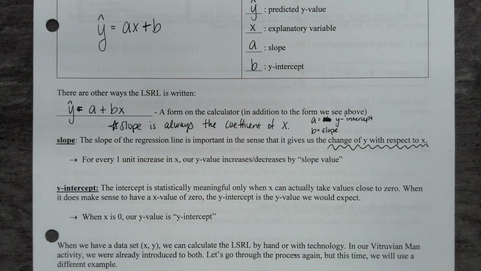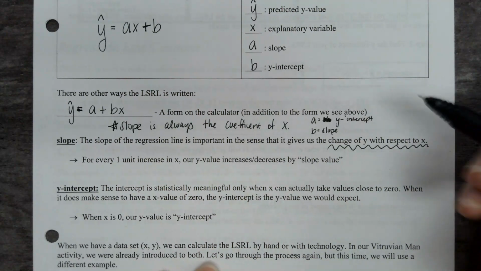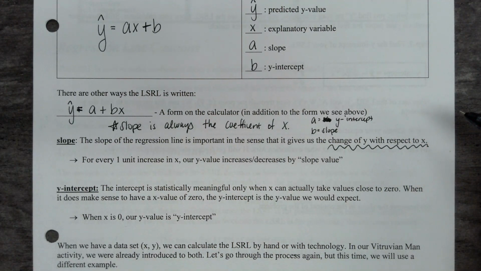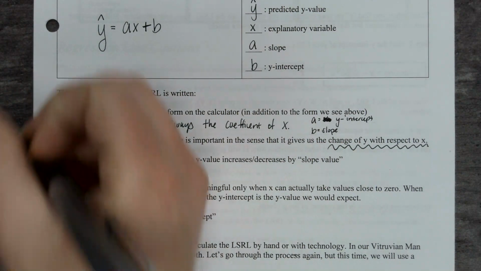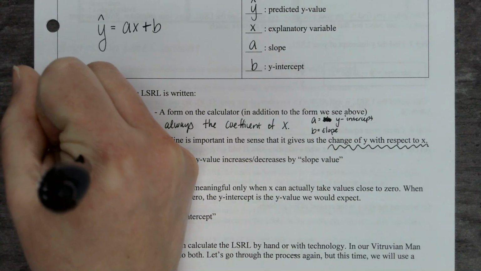And really how we interpret this, so our interpretation of this is for every 1 unit increase in x, our y value, and if it's positive slope, it increases by that slope value. And if it's a negative slope, it decreases by that slope value. So that's how we really interpret slope, which is this right here, your interpretation, which is what you're going to need. So your interpretation.